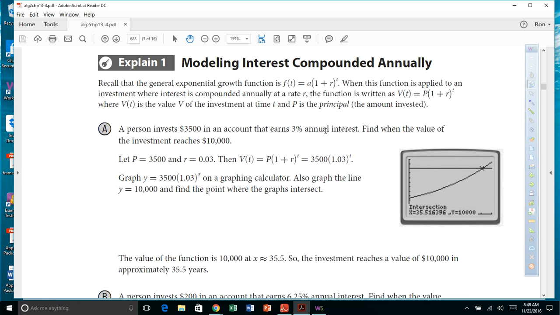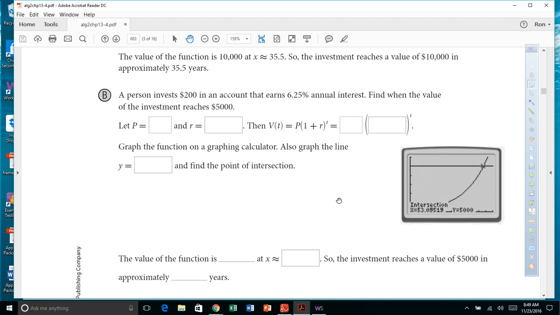When this function is applied on an investment where interest is compounded annually at a rate r, the function is written V sub t equals P times 1 plus r to the t power, where V sub t is the value of the investment at time t and P is the principal amount invested. Go ahead and read through A, and when you get back, we'll do B together.